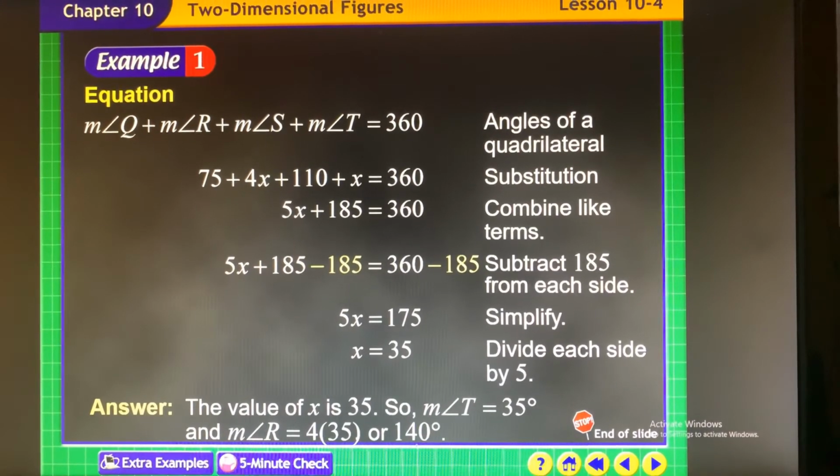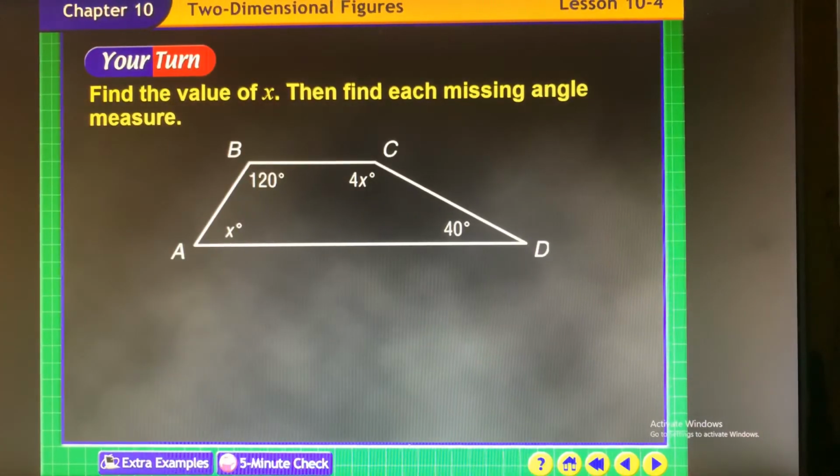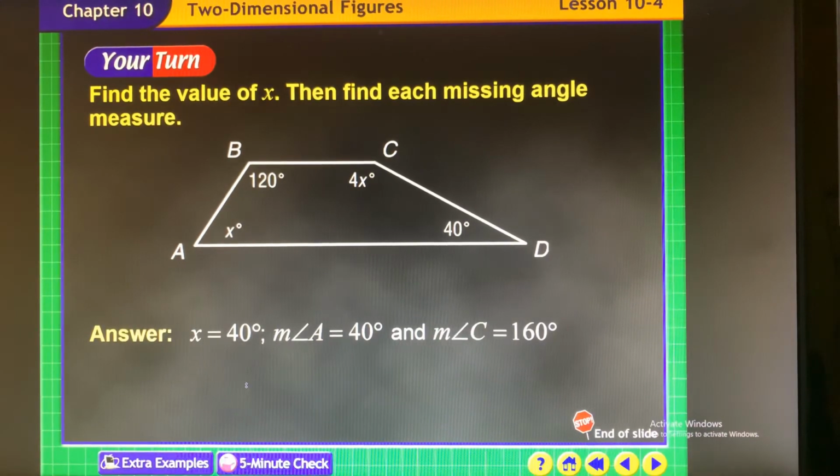So again, all you are doing is adding the angles up, just like we did with the triangle, but this time it equals 360 degrees. Same thing here. I'm going to do 120 plus 40 plus 4x plus x, and then all equals 360 degrees.